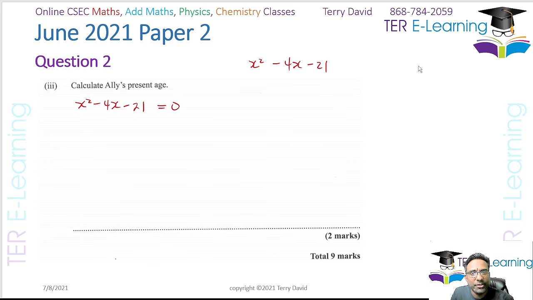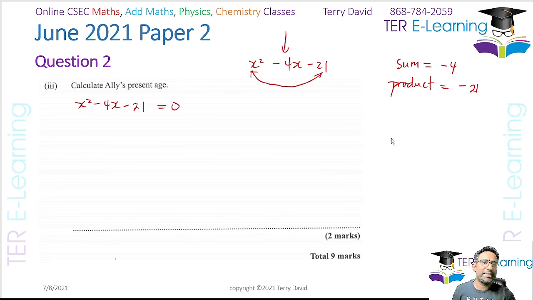So what I normally do, we say here, I need to find 2 numbers whose sum has to be whatever the coefficient of x is. So the sum is minus 4, and the product is whatever the coefficient of x squared is multiplied by whatever the constant is. So minus 21.